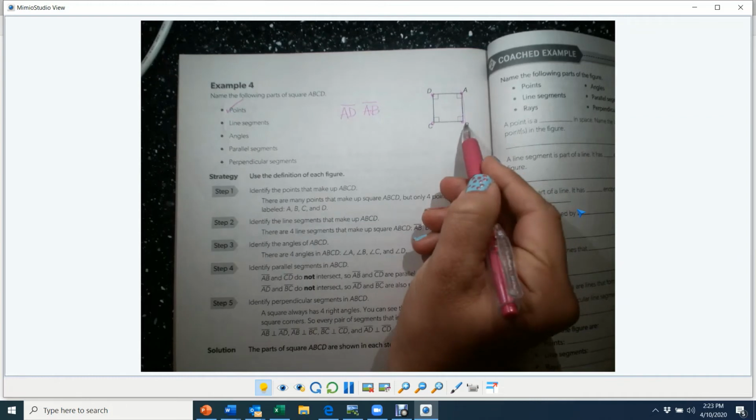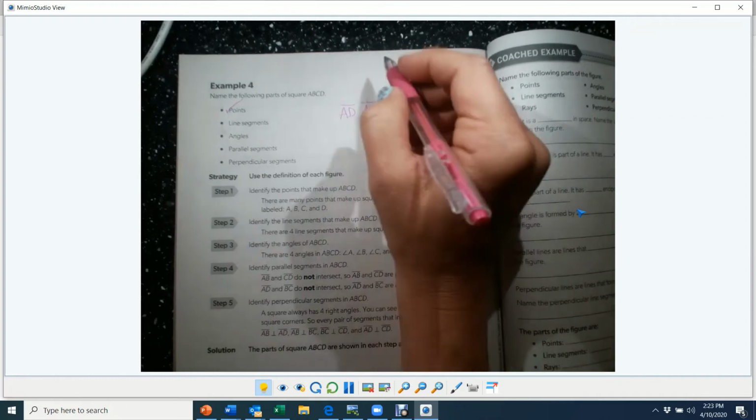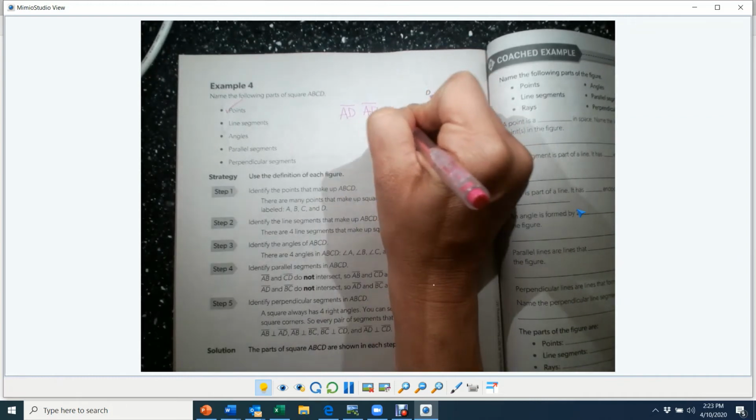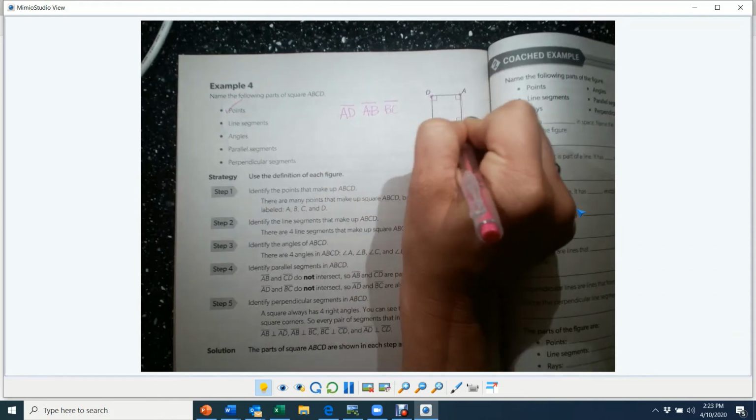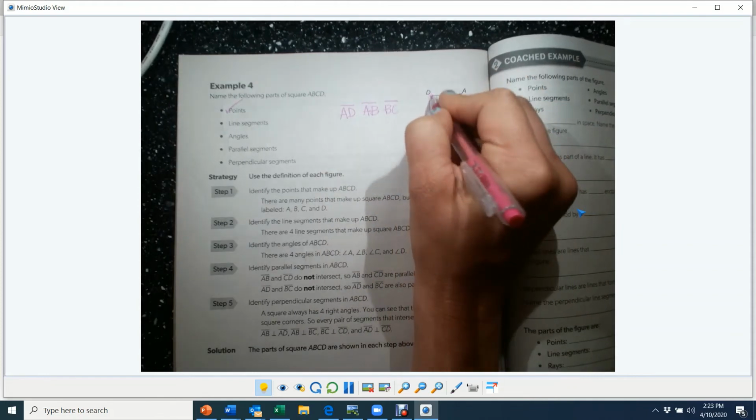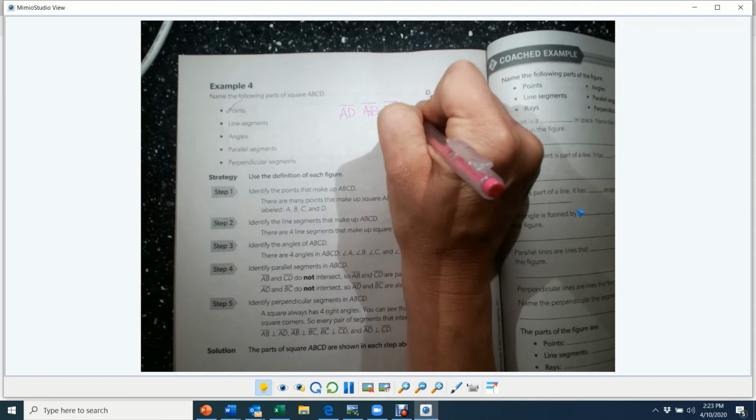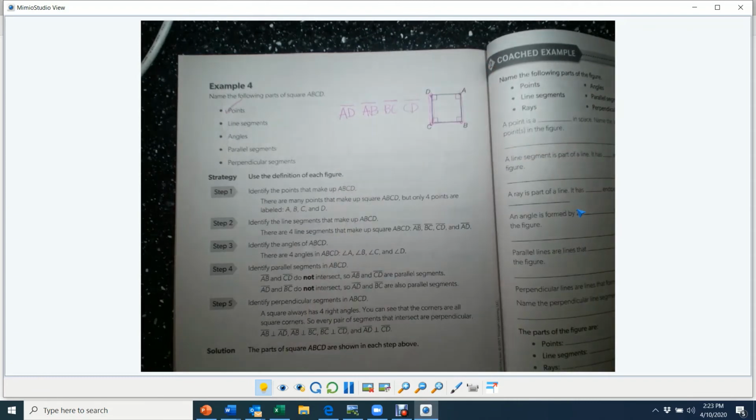We have line segment BC. And then we have this line segment CD. So we have 4 line segments that make up our square.